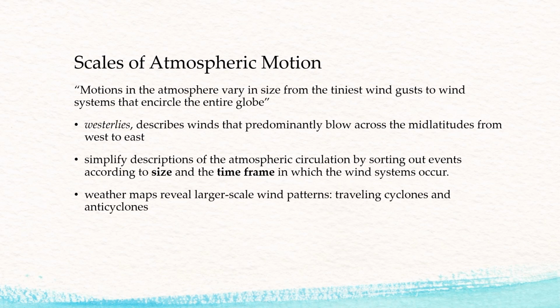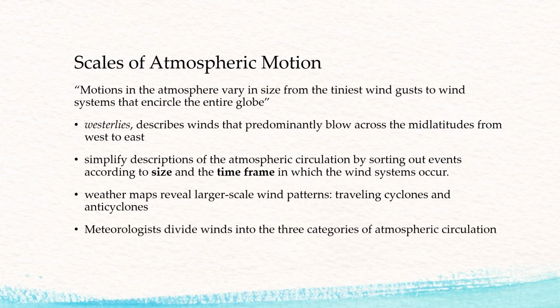And why is it simplified? Because according to sizes, they are different. For example, weather maps reveal larger scale wind patterns, such as traveling cyclones and anticyclones.